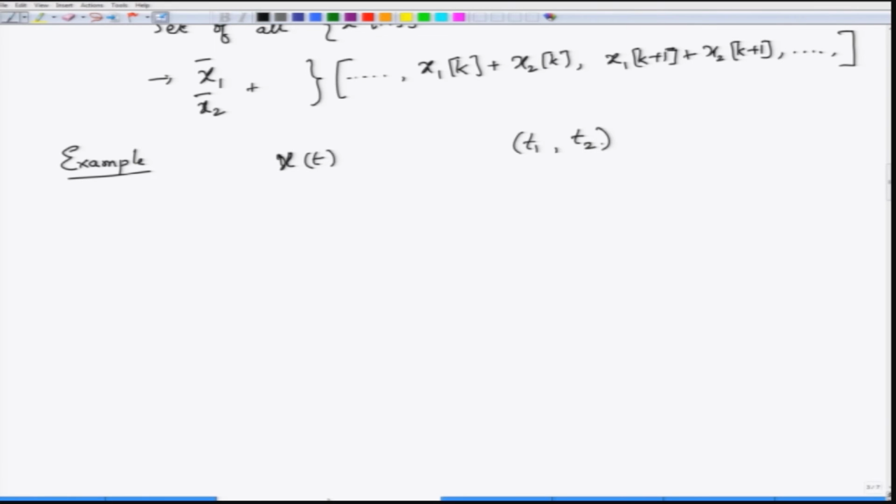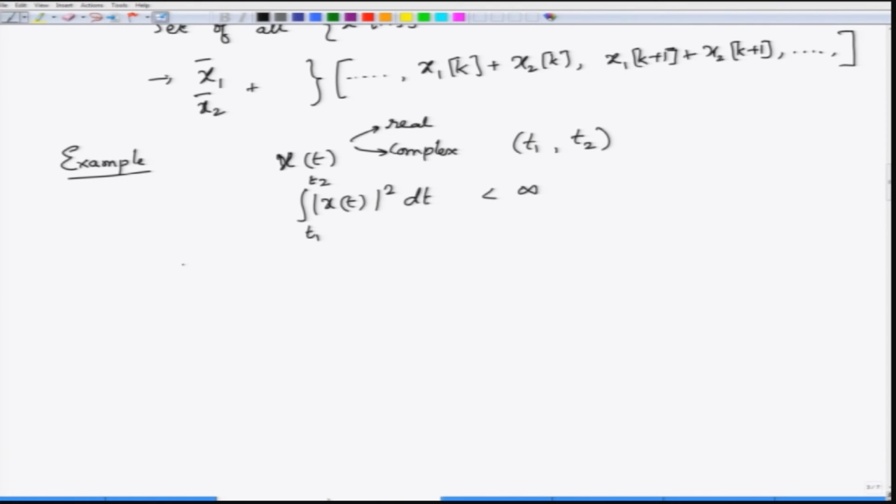My bag essentially consists of all continuous time signals x of t over the duration t1 and t2, such that they also satisfy this additional criterion that the integration from t1 to t2 of magnitude x of t squared should be finite, okay. I am using magnitude because these signals can be either real valued or complex valued, okay.